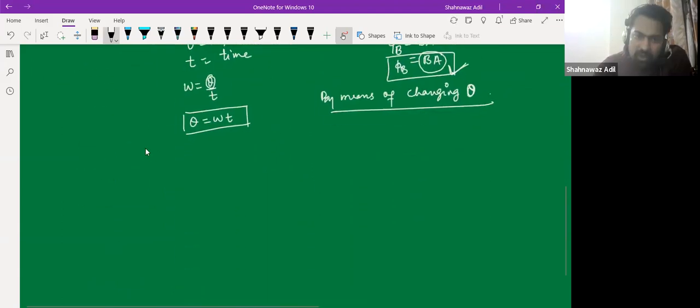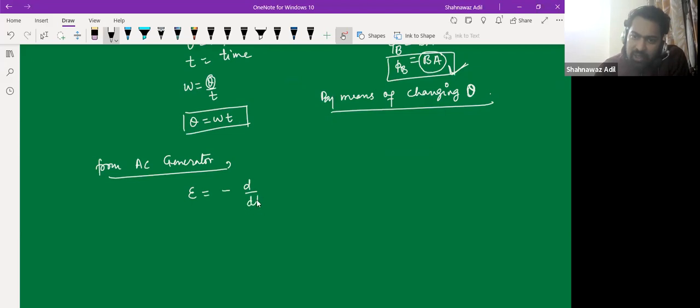So from AC generator, what do you get? You get your EMF, which is minus d by dt of BA cos theta, where theta is omega t, right?